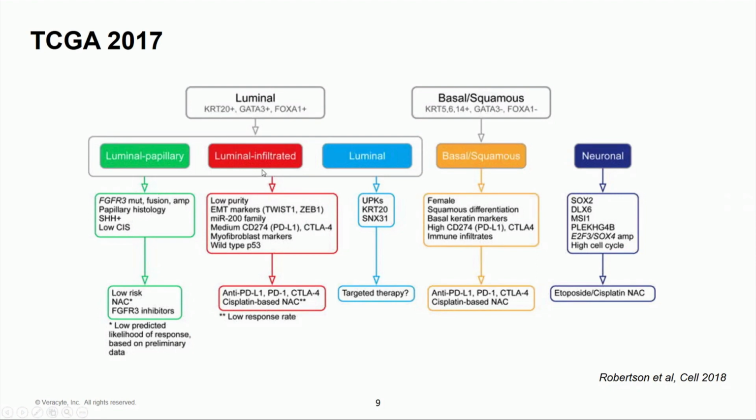Just because their luminal infiltrated is called luminal infiltrated doesn't make it the same as the GSC or Decipher Bladder luminal infiltrated population. We have another luminal group, slightly different than the others. To be completely honest with you, I'm not entirely sure why we came up with this one. Hindsight is 20/20, we might not have put it in, but that's what we were working with at the time. Your classic basal squamous group, and then the neuronal group, which again is quite important for how these subtyping models develop, and I'll talk a lot about that downstream.